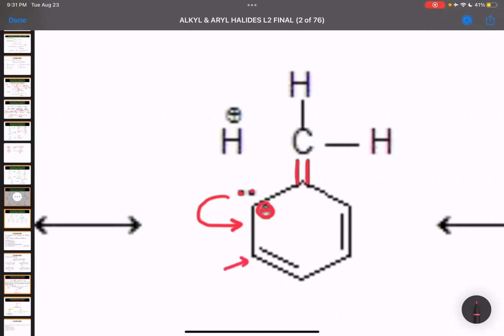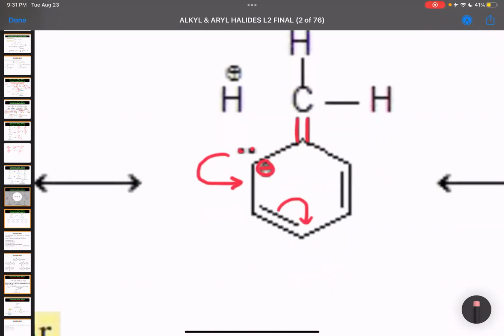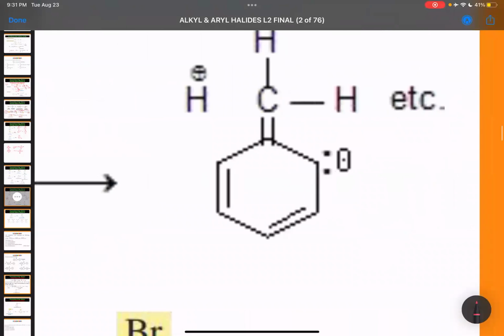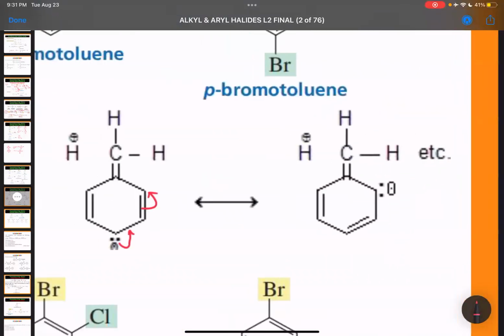Though 3 bonds are visible, there is one hydrogen also that you need to know, and this will get shifted here, right? So you can have a negative charge at the para. Similarly, once this negative charge comes at the para position, it can push the pi bond ahead of it, and that's how the negative charge will come at the other ortho position, and it can get back.